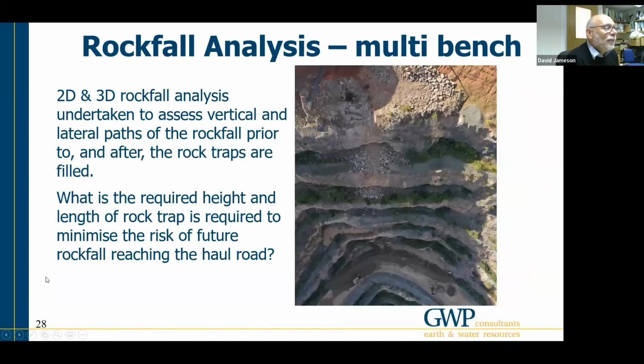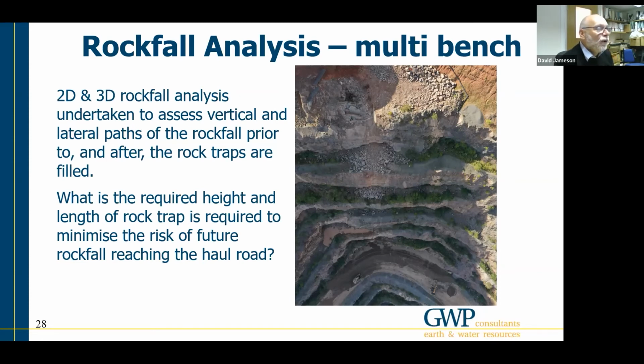Just looking from the top down, you can see the situation. We've got the rock slot beginning to be formed in this area, material which has fallen over the face as that rock slot has been developed, and the construction at this point of the designed rock trap at the bottom of the face.